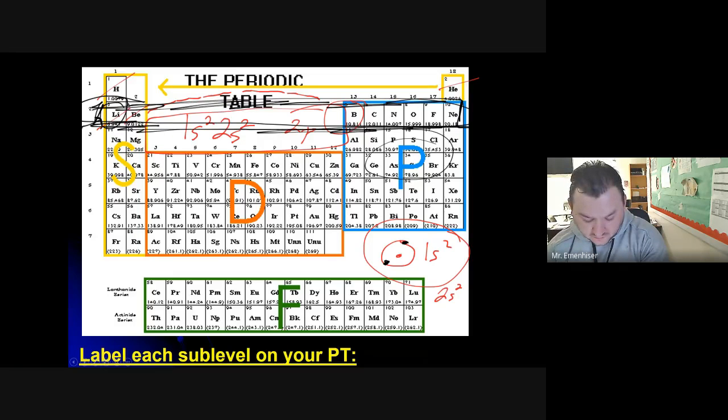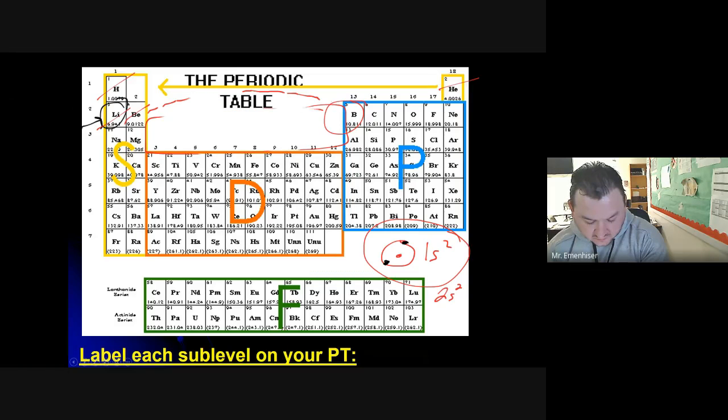Okay. So our final configuration, our final answer for $1,000,000 will be 1s2, 2s2, 2p. So we decided it was the 2p, but which element number is it in that p block? This is 2p, 1, 2, 3, 4, 5, and 6. So it's the first element, so we just put 1.